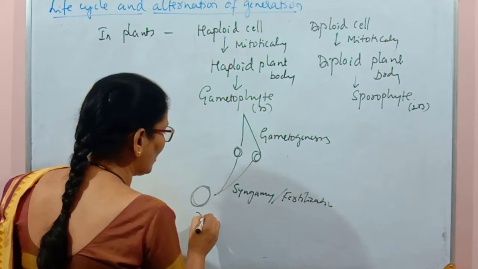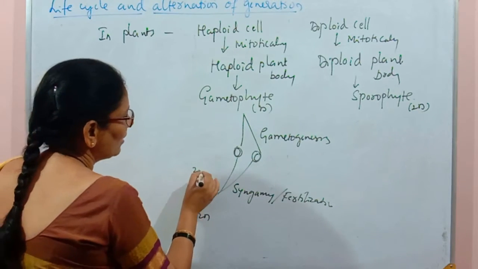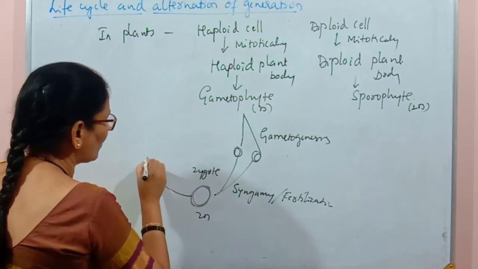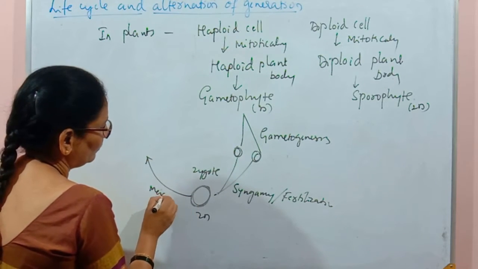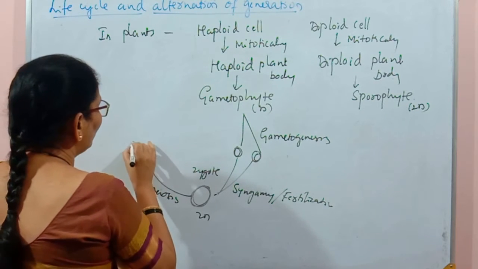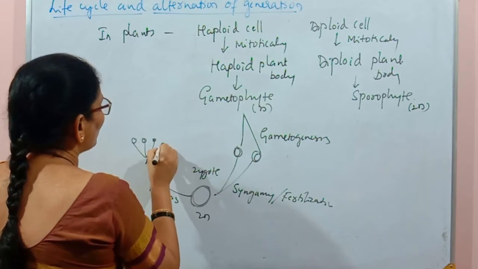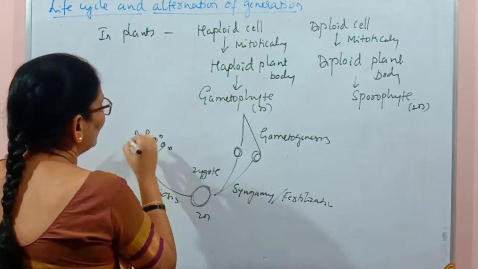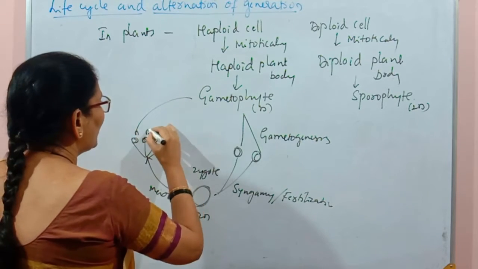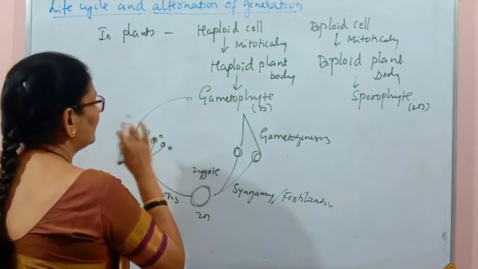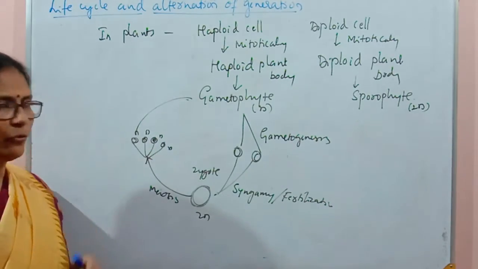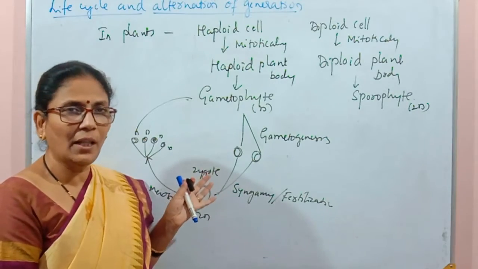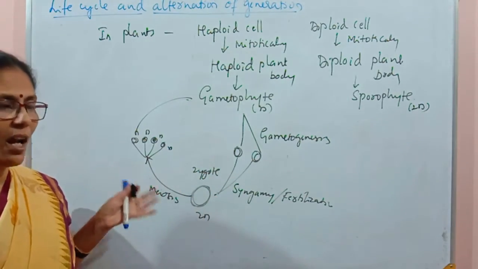A diploid zygote is formed, and this zygote undergoes meiosis and produces 4 haploid spores. These haploid spores germinate and form the new gametophyte.